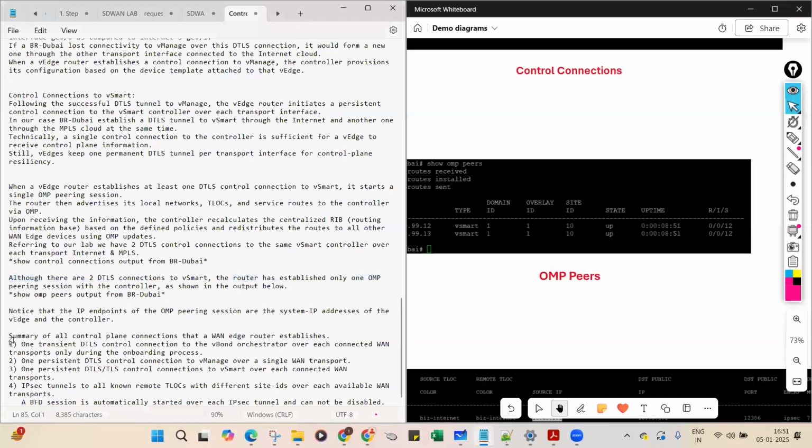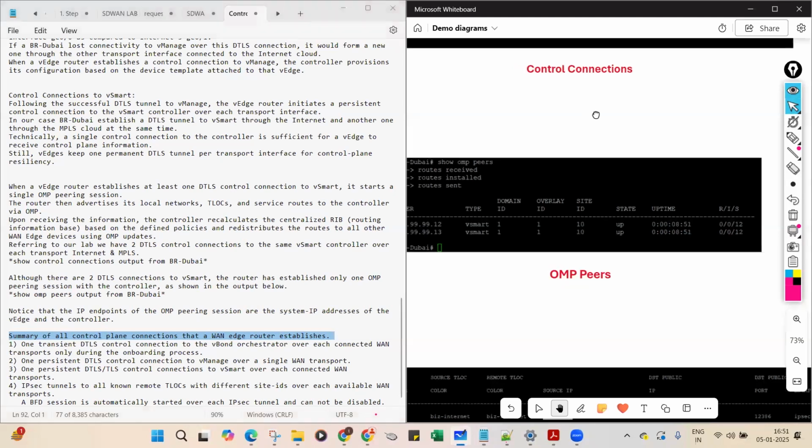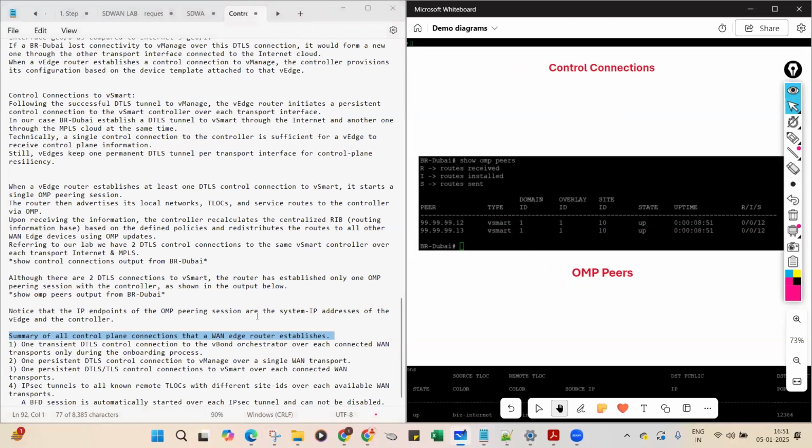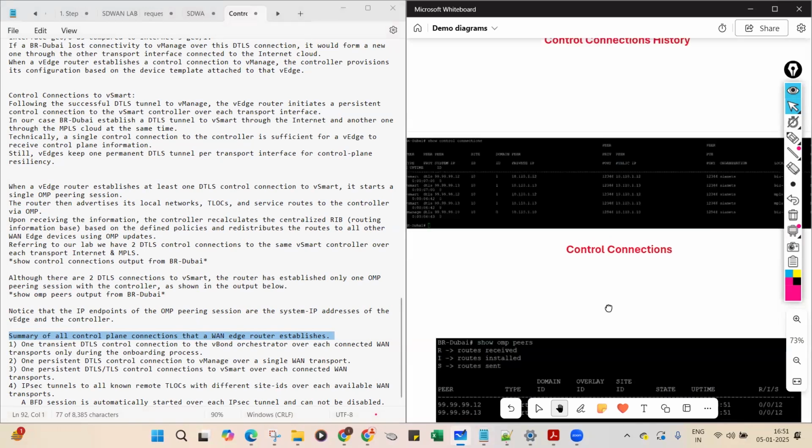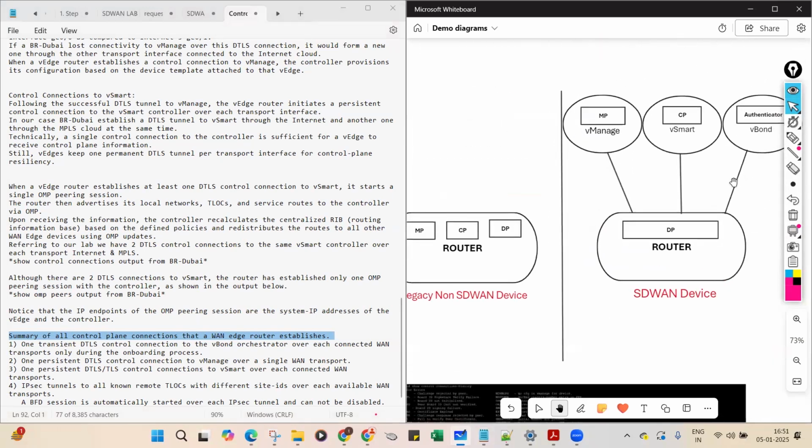So let's have a quick summary of the control plane information. Whenever the WAN edge router is turned on, it finds the vBond IP via any of the three methods. It authenticates with it and gets the vManage and vSmart information.